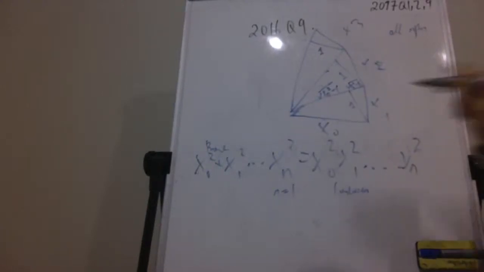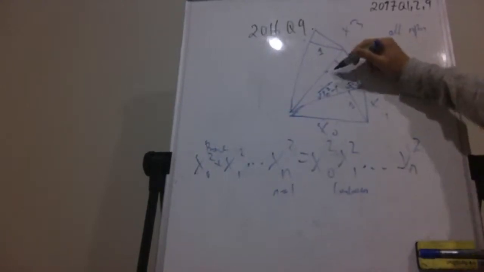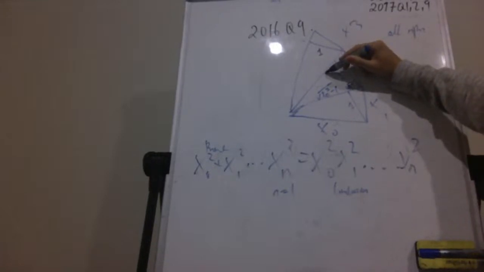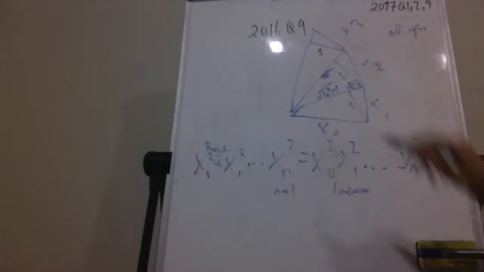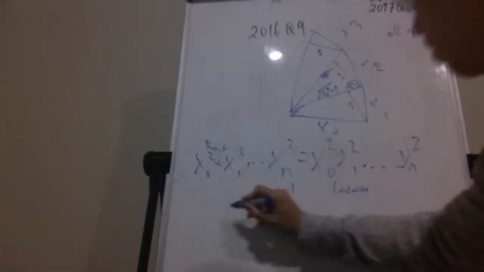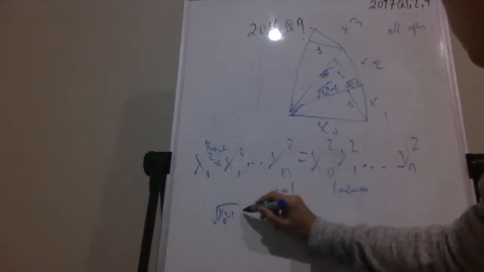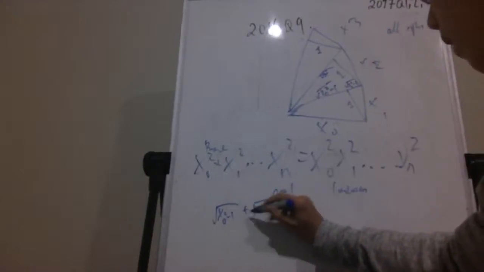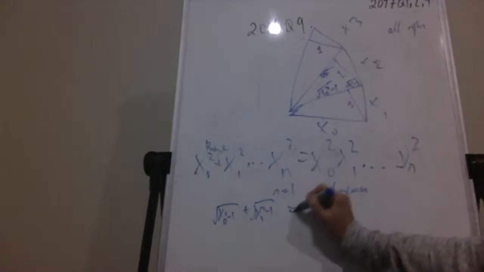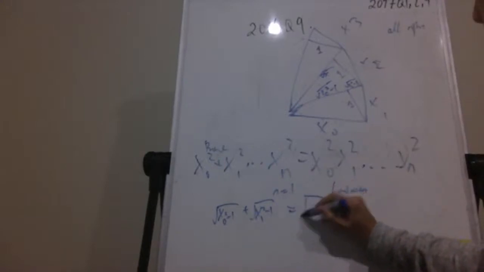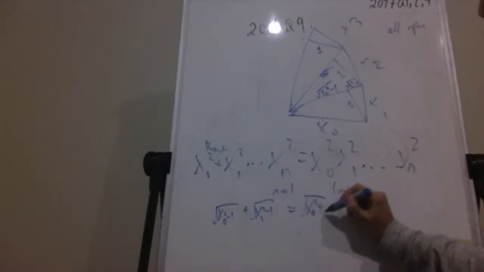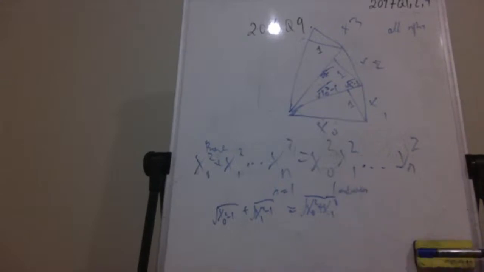Oh, I remember how I did this now. Now it's easy to see that root of x0 squared minus 1 plus the root of x1 squared minus 1 is equal to root of x0 squared plus x1 squared.